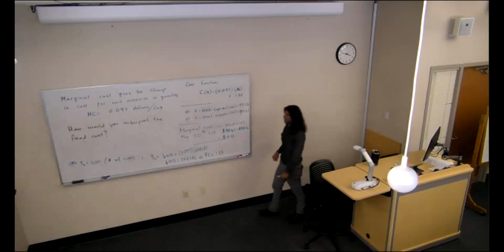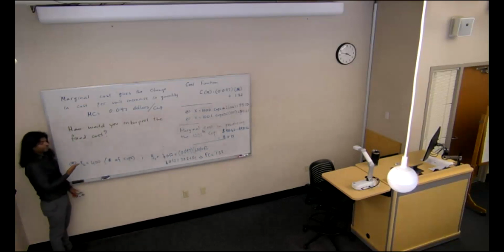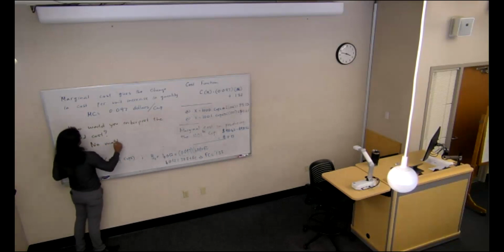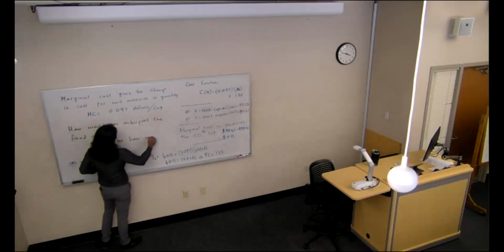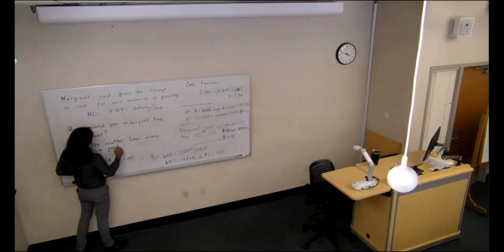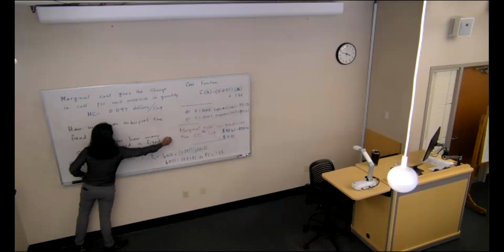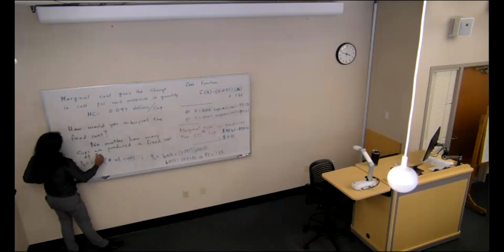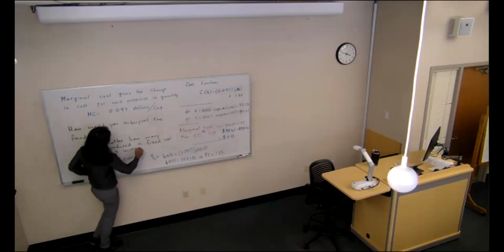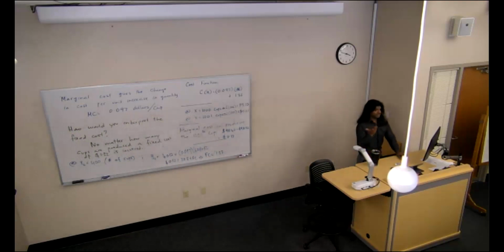So marginal cost depends on the number of cups. A fixed cost does not. So no matter how many cups you produce, we will end up spending $1.32.